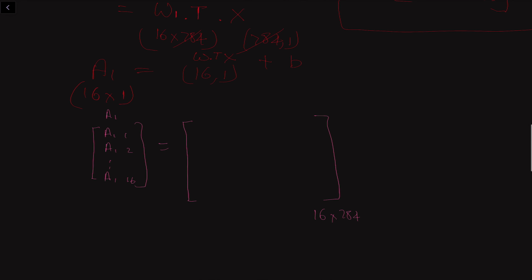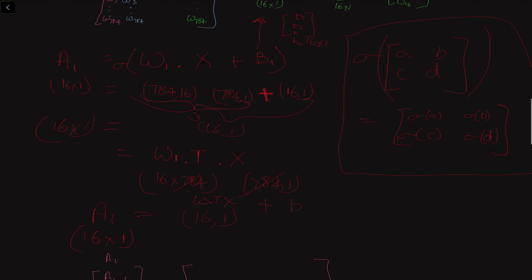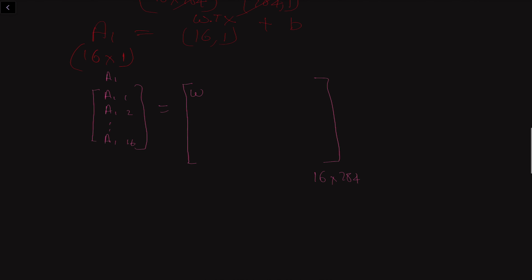That means this has, let's write pink first, blue second, right? W1, W2, W3, and so on, W784. Similarly, W1, W2, W3, and so on, W784, and so on till the 16th node's weights.